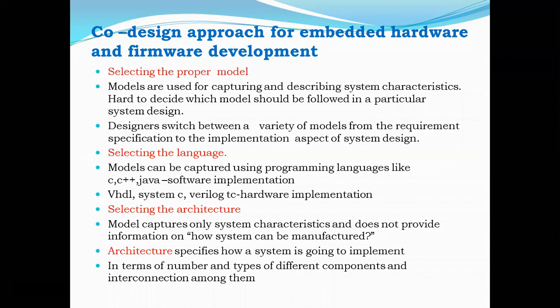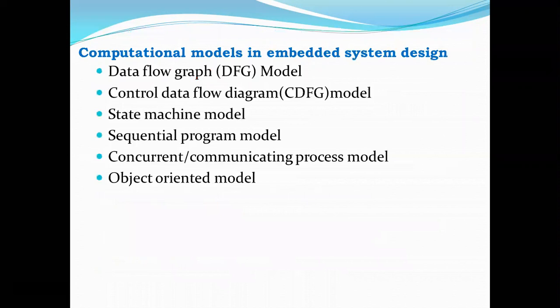Here different models are used, and there will be one question on this: what are the different computational models in embedded system design? There are a total of 6 models: data flow graph model, control data flow graph model, state machine model, sequential program model, concurrent communication process model, and object oriented model.